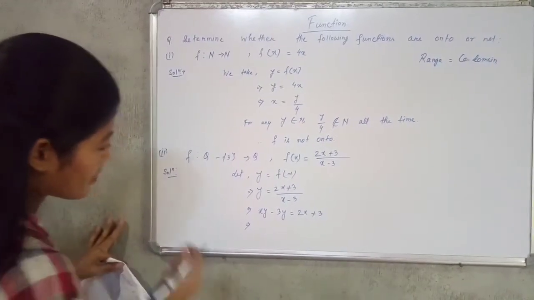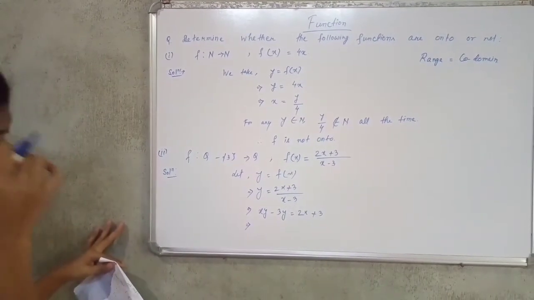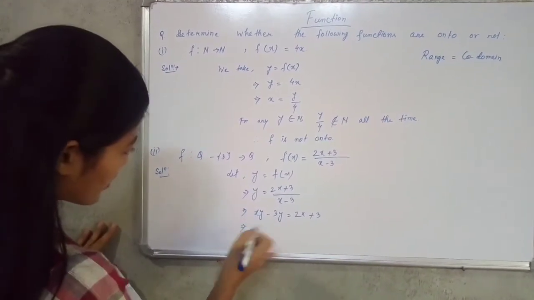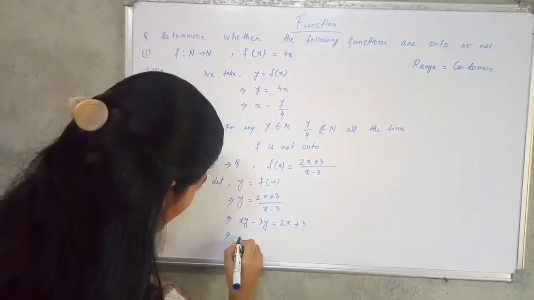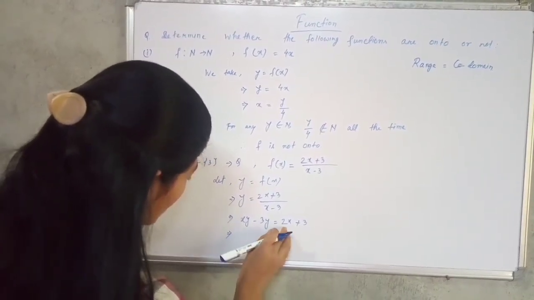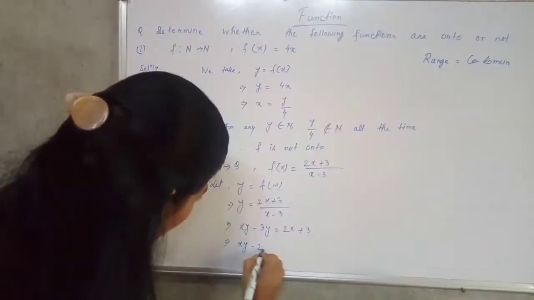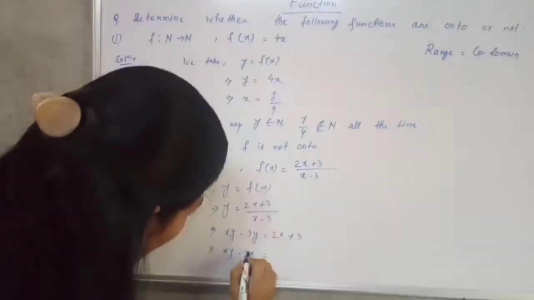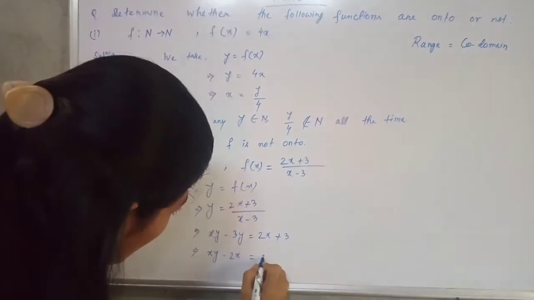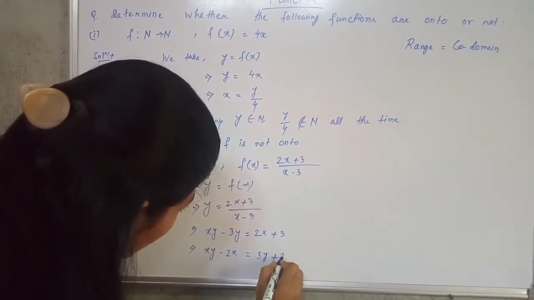Now since we have to show x in terms of y, we take this twice x to the left side: xy minus twice x equal, and thrice y will be plus 3y, plus 3.